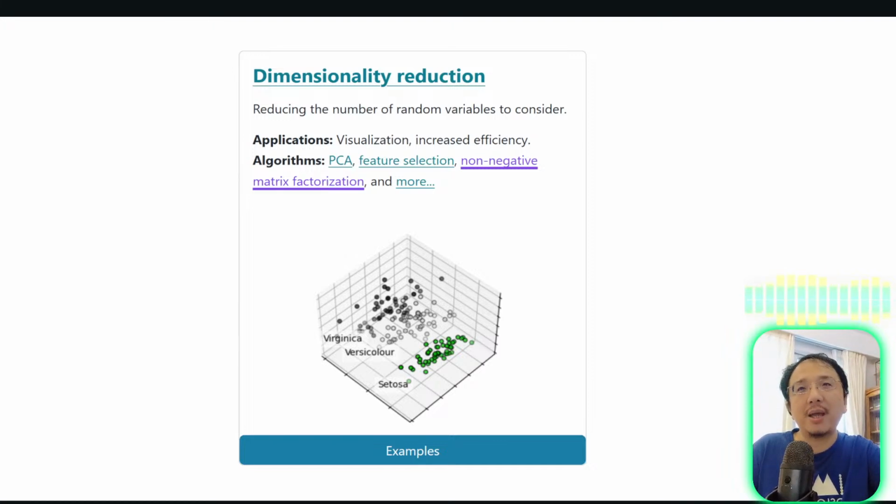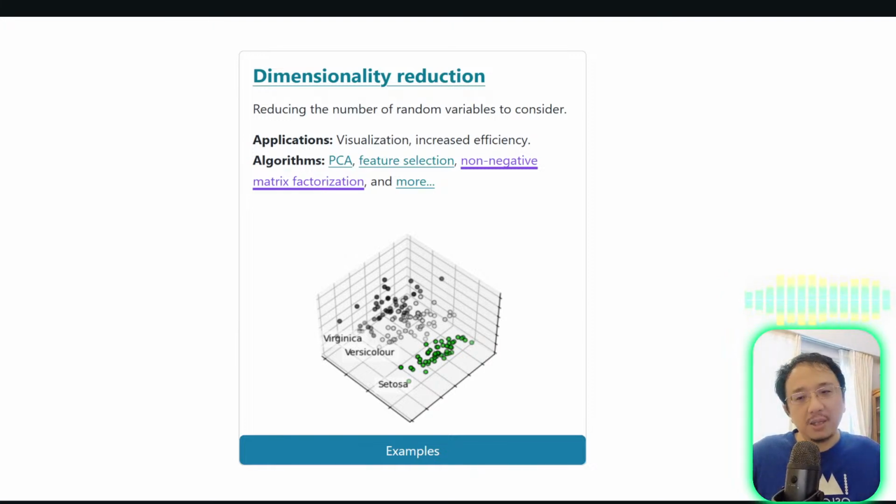One is dimensionality reduction. One of the most popular, easy and simple ways of doing that is PCA. Another one is feature selection. And also other things.